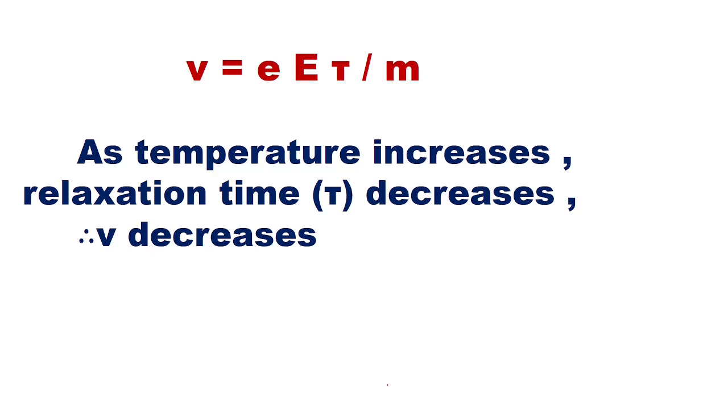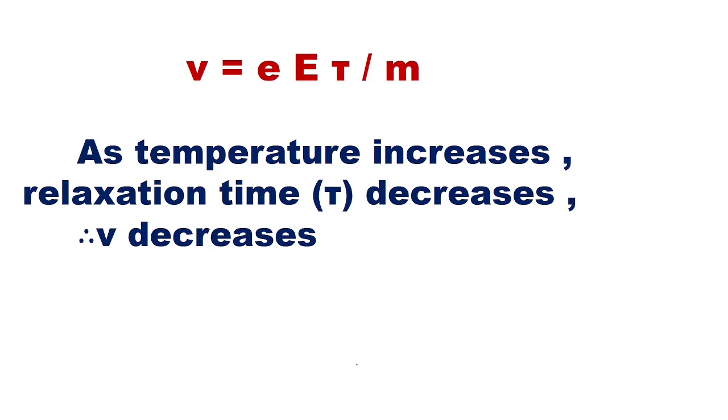According to this drift velocity expression, the relaxation time is the time interval between successive collisions of an electron, and on increasing the temperature, the electrons move faster and more collisions occur quickly. Hence, relaxation time decreases with increasing temperature. This is an important factor.